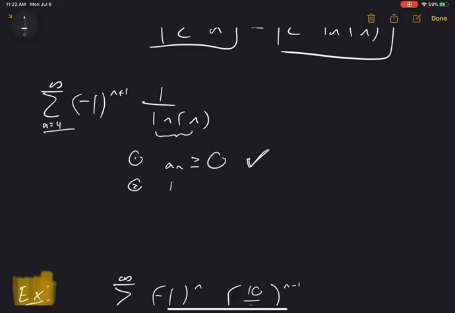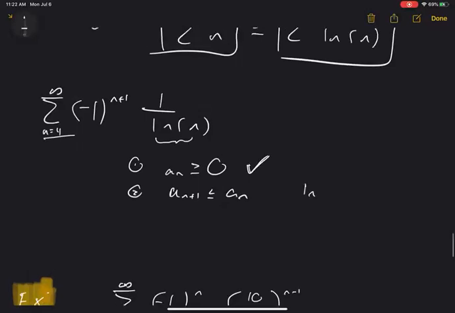Is a_(n+1) less than or equal to a_n? Well, ln of (n+1) is greater than or equal to ln of n, right? So 1 over ln of (n+1) is less than or equal to 1 over ln of n, which is what I want.